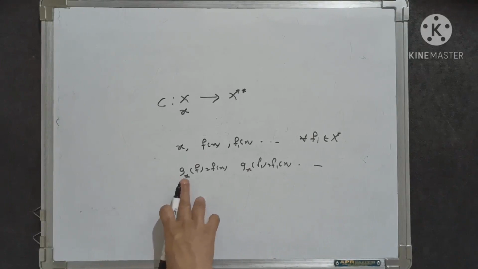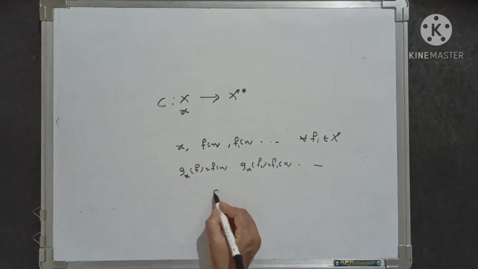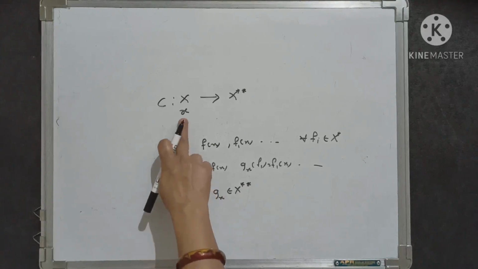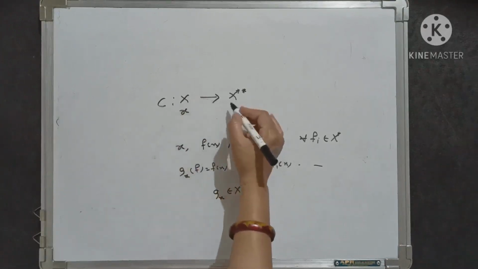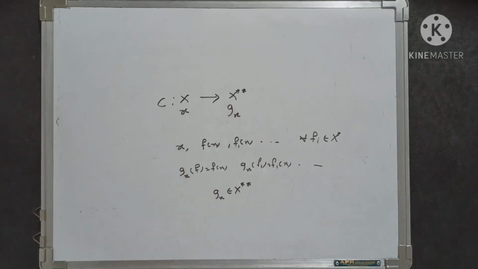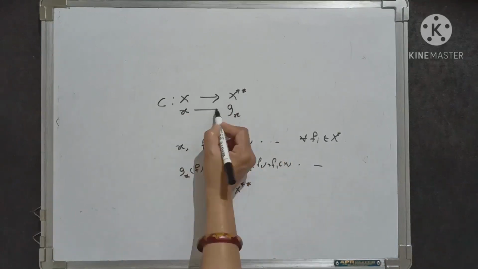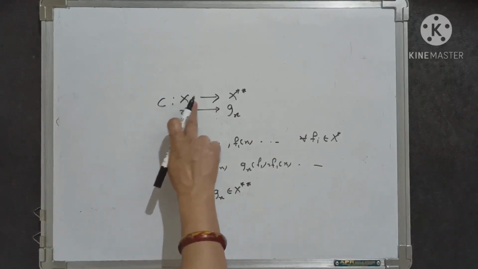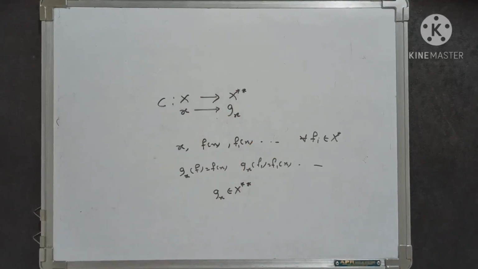We show that this mapping Gx is a linear functional on X star, and therefore Gx is an element of X double star. That means corresponding to the element of capital X, we get the element Gx, which is an element of X double star. That means x goes to Gx. In this way we get the mapping C, which is from X to X double star. By using that, x goes to Gx.